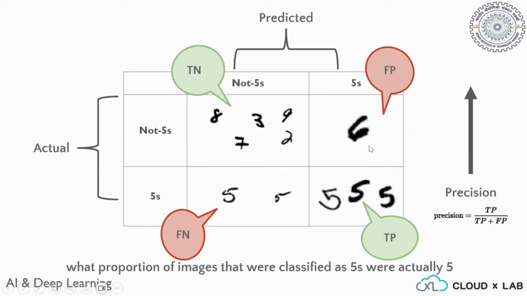So let's say precision is 100%, precision is 1, then we will not have any value for this cell, which means whenever the model is saying yes, it is correct. Whenever our model is telling true, the model is correct if precision is 1.